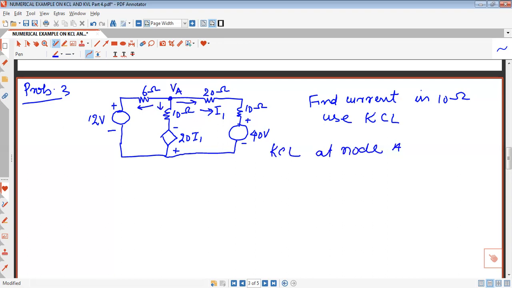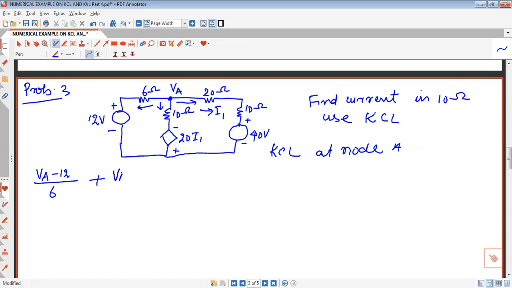So from here, this current is going in this side. From Ohm's law, the potential difference from here to here is VA minus 12 divided by 6, because the current is going outside, so this potential is assumed to be higher than this potential, plus the current in this direction.